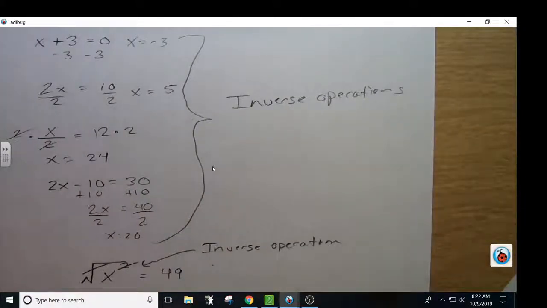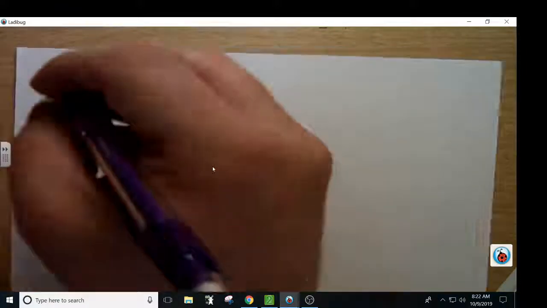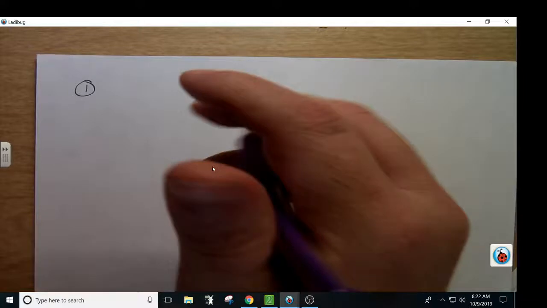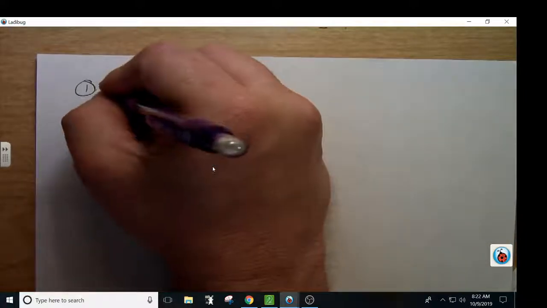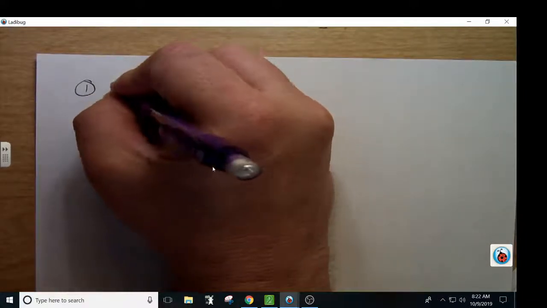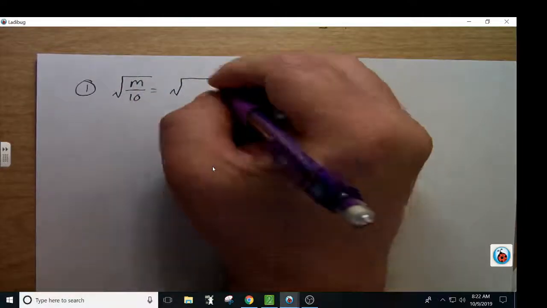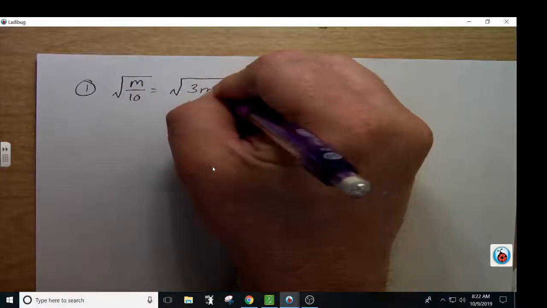All right. Now, let's look at this. We can do number one because these can get a little harder. All right. So what you have, you got the square root of m over 10 equals the square root of 3m minus 87.